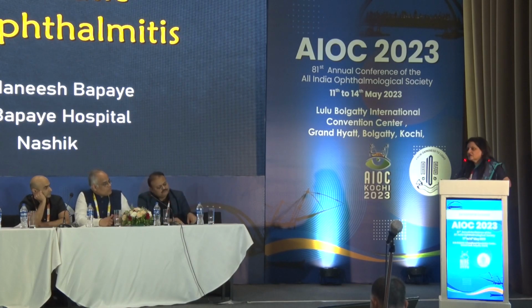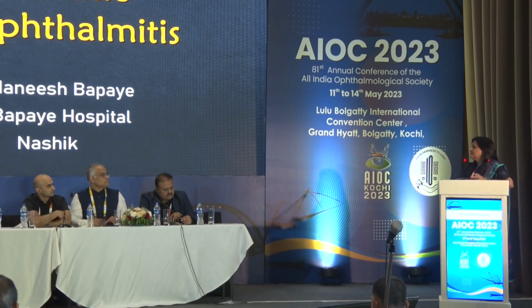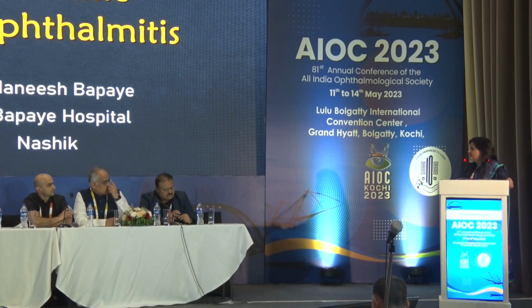But having said this, there are series where ring infiltrates have been associated with all sorts of organisms. So I think we cannot definitely say that if the ring infiltrate is there, then it is A type of organism or B. That has to be microbiologically proven.